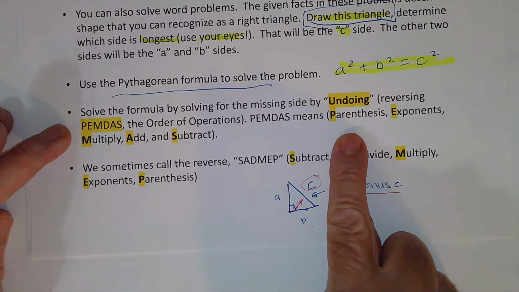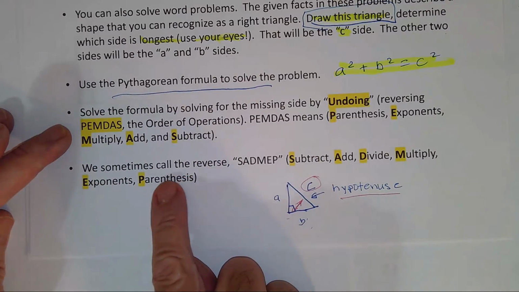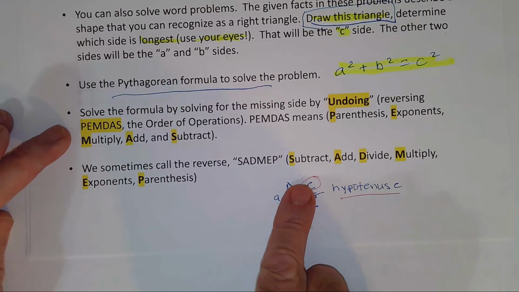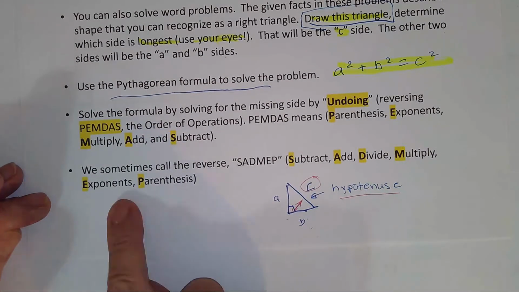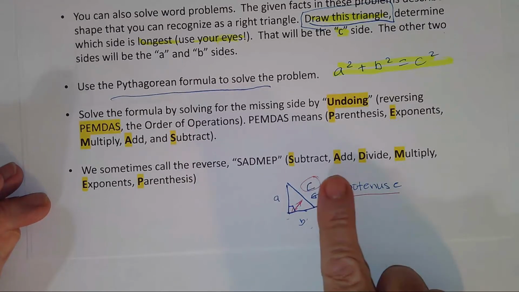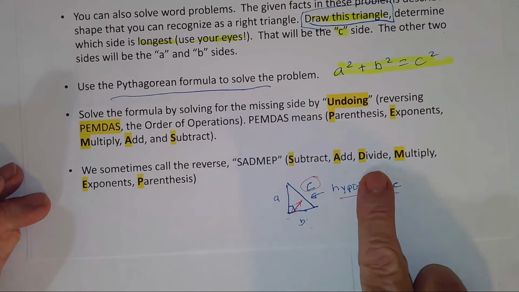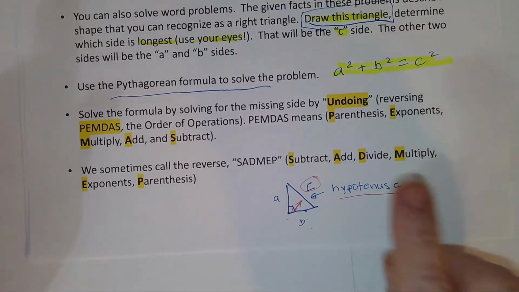But when you undo, you reverse PEMDAS. The reverse is sometimes called SADMAP because that's just PEMDAS in reverse. See, here's parentheses, exponents, multiply, divide, add, subtract. But we go the other way, of course. With SADMAP, we start out with subtract, add, divide, multiply, exponents, and parentheses. Now, why do we do that? Because we're undoing.